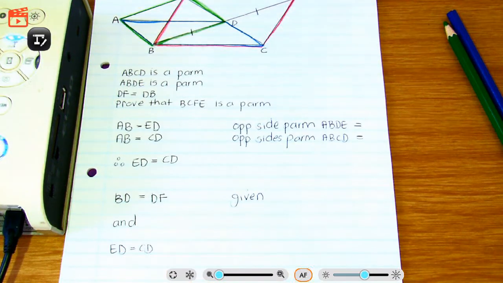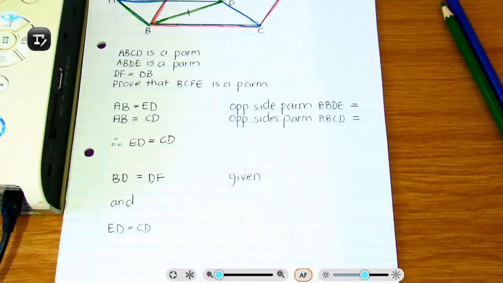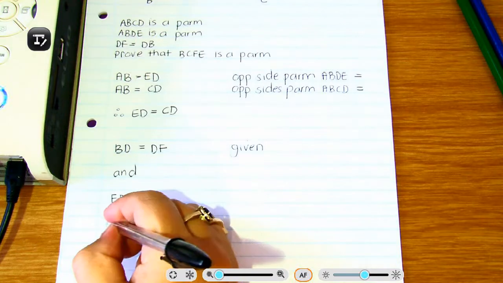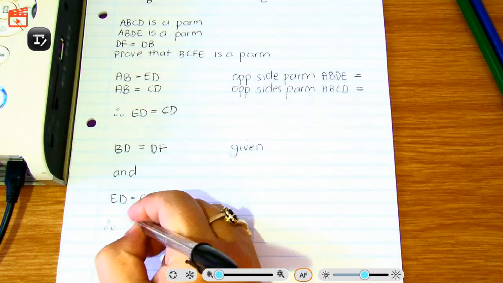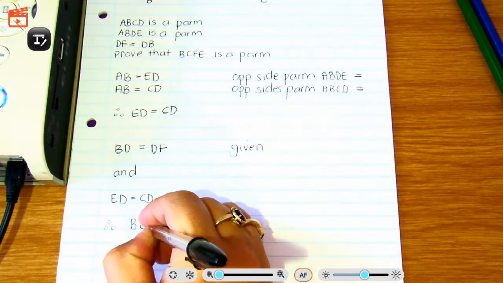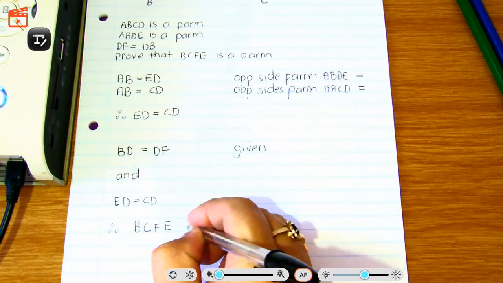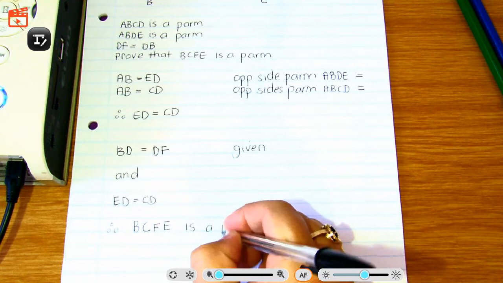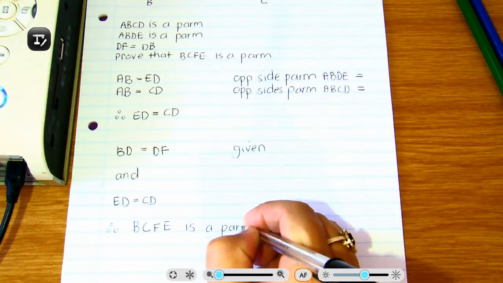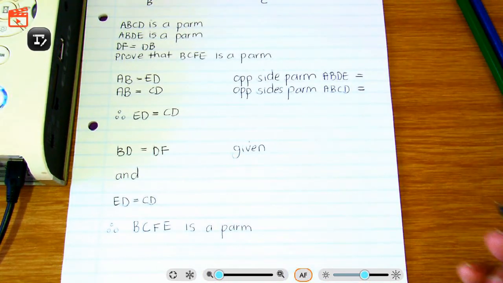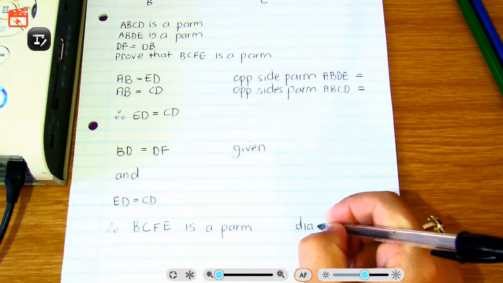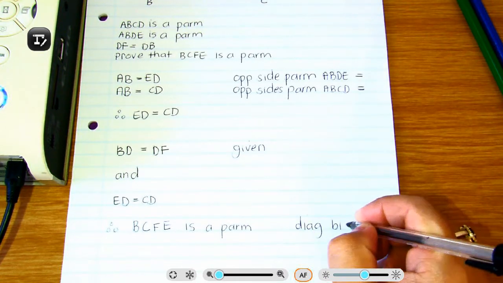That we proved now. So therefore BCFE is a parallelogram, and my reason would be diagonals bisect each other.